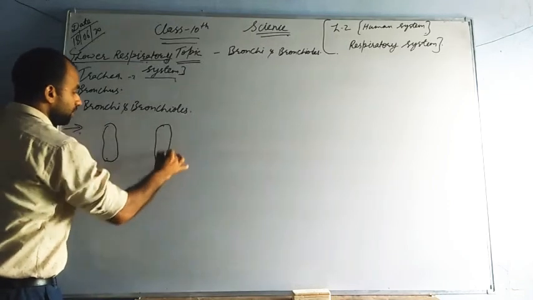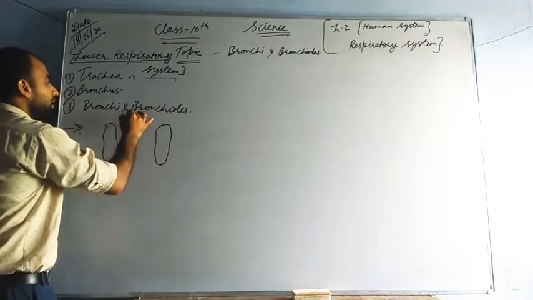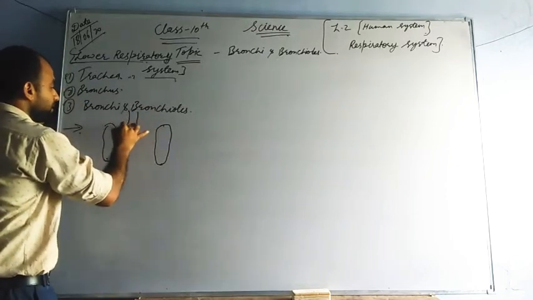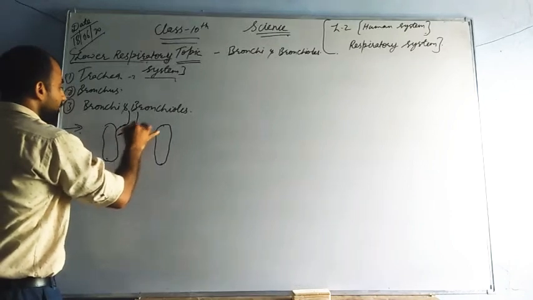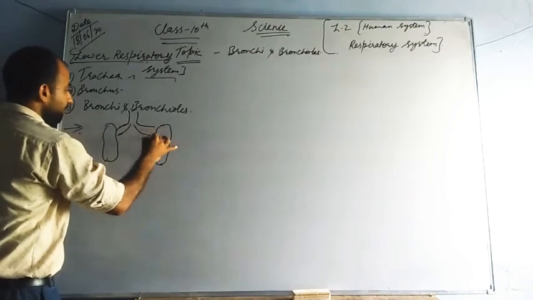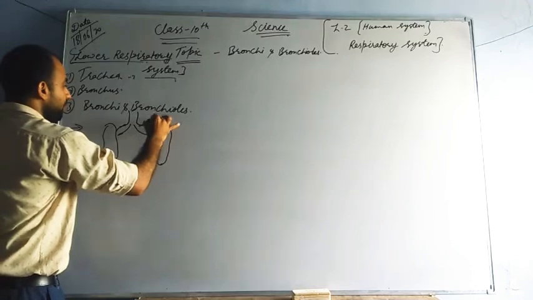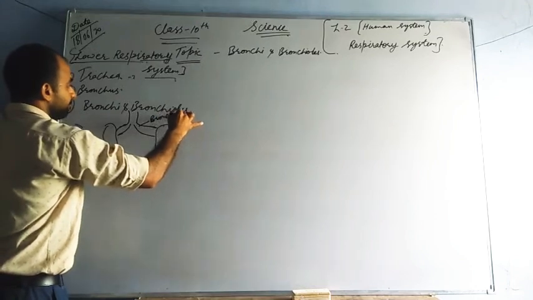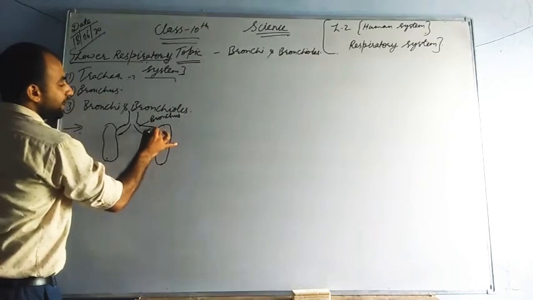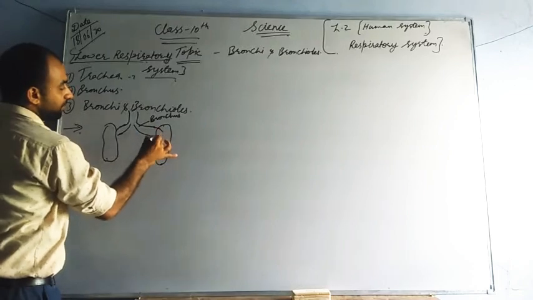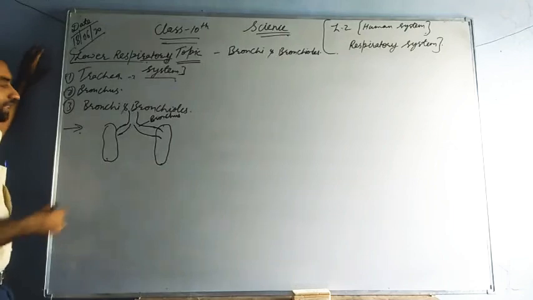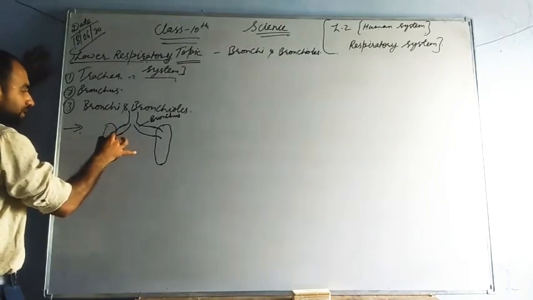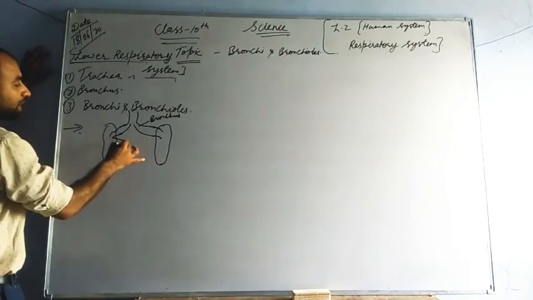These are the lungs. Now this is the trachea, which has been divided into 2 parts, right? In this manner. These are the bronchus outside. When they enter into the lung, during that time they are called what?